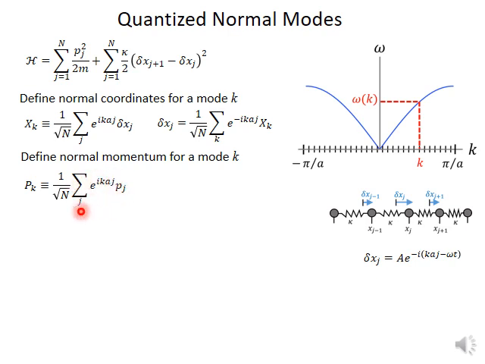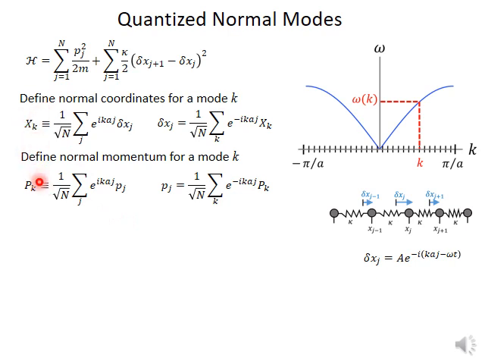Then you sum all this up for all the atoms in the crystal, and once you do this, you get the normal momentum of the k mode, which is the effective momentum for this mode. And you can also find the total momentum of the jth atom due to all the k modes as well.